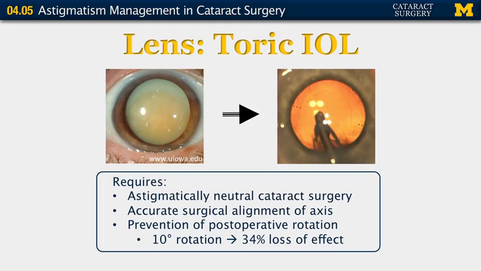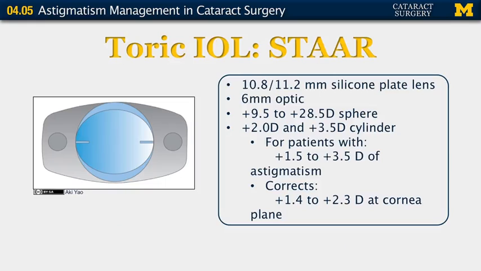It's very important to have accurate surgical alignment of the axis of the lens at the time of surgery, and to maintain that axis even after surgery. There can be postoperative rotation of these lenses, and even as little as a 10-degree rotation can lead to a 1/3 loss of effect of the astigmatism correction of these toric lenses.